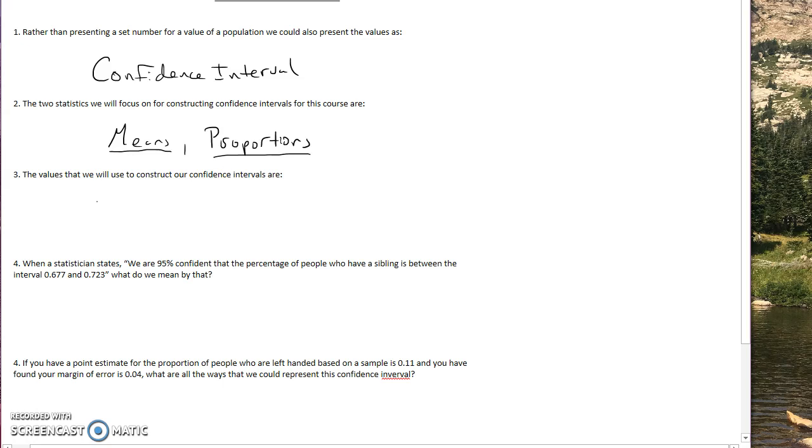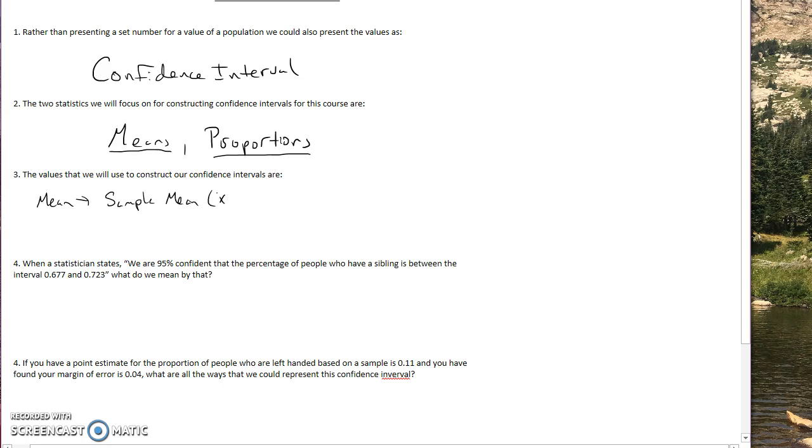The values that we will use to construct our confidence intervals are, if we're going to work for means, a sample mean. So we're going to go collect some data.